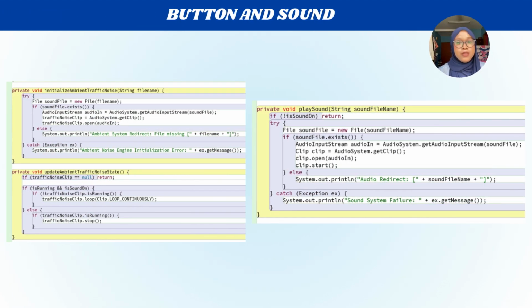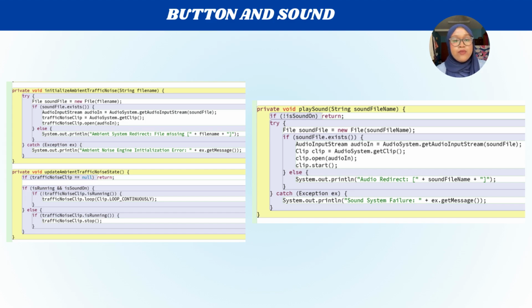Now, let's talk about the sound architecture, which is split into two distinct engines: ambient background noise and instantaneous event audio. For the background, I created the initializeAmbientTrafficNoise method. This uses the javax.sound.sampled package to load a file named traffic_noise.wav. It sets up a persistent Clip object.